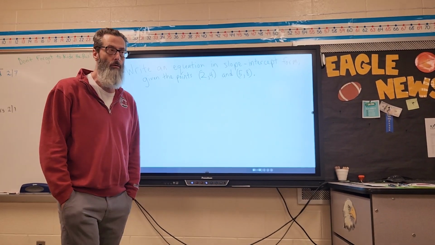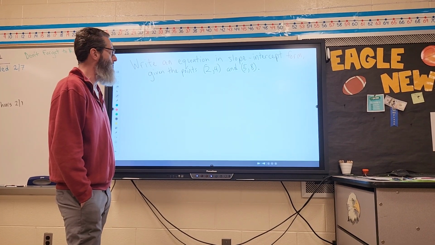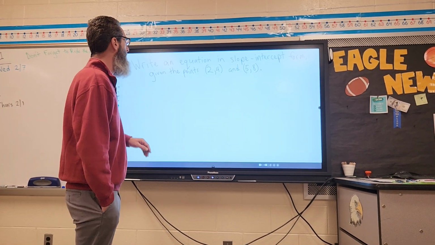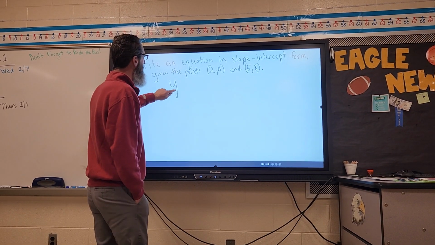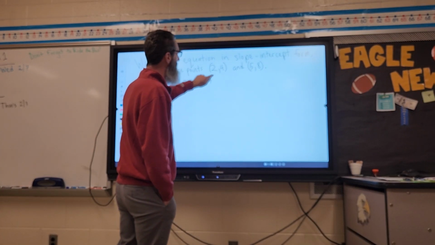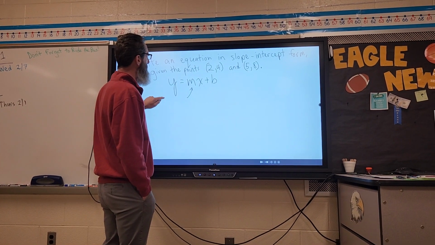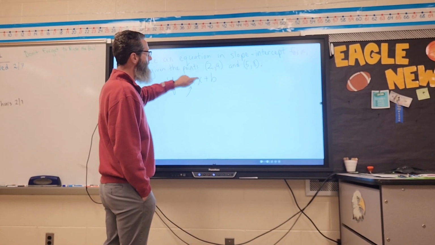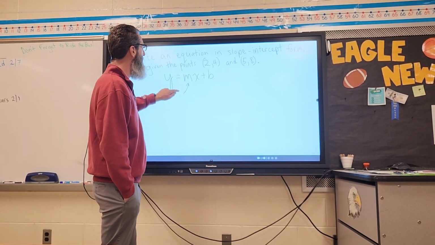Okay, so we're going to learn how to write an equation in slope-intercept form given the points (2, 4) and (5, 8). If we remember, slope-intercept form is y equals mx plus b, where y and x are variables that tell us where this line can exist.